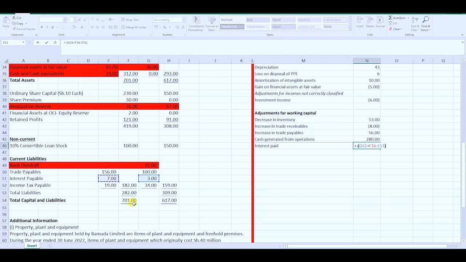Close the bracket, enter. So we have the interest given to us there, interest paid. We move on to the next item, which is going to be tax paid.